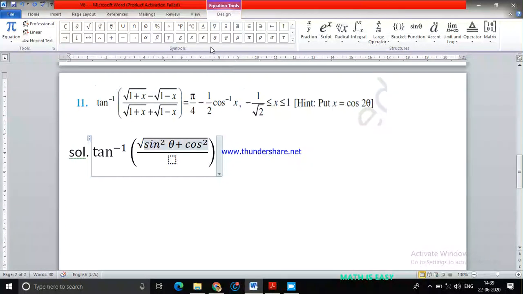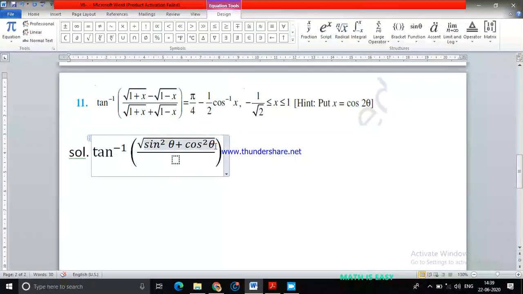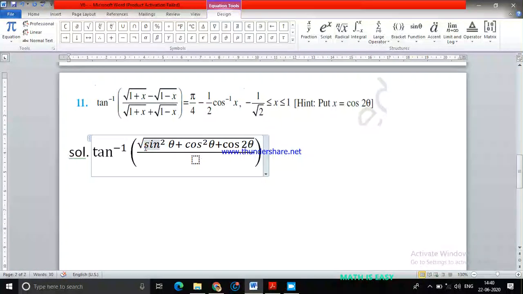So in place of 1 here I replace sin square theta plus cos square theta, plus x is there now. In place of x I have to replace cos 2 theta. As they are given, I replace the term.